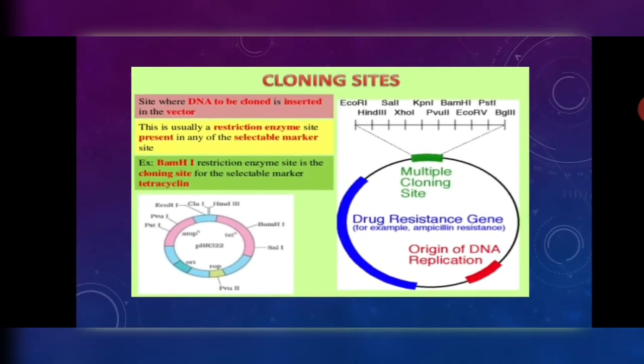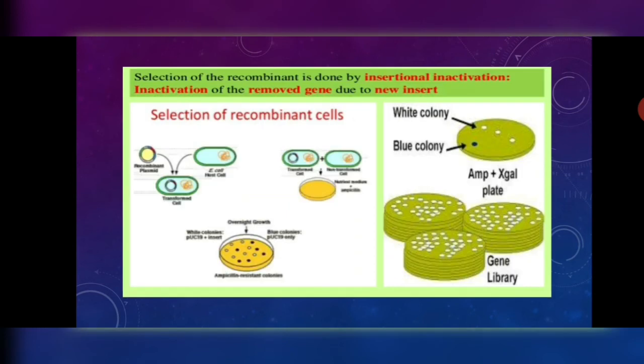So this is basically a complete cloning vector which has everything. It has drug resistances which act as the selectable markers, it has origin of replication, and it has multiple cloning sites as well.